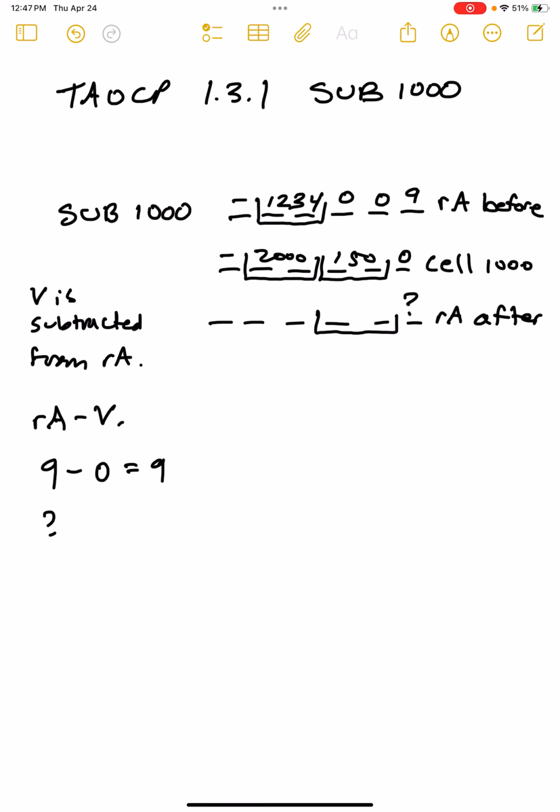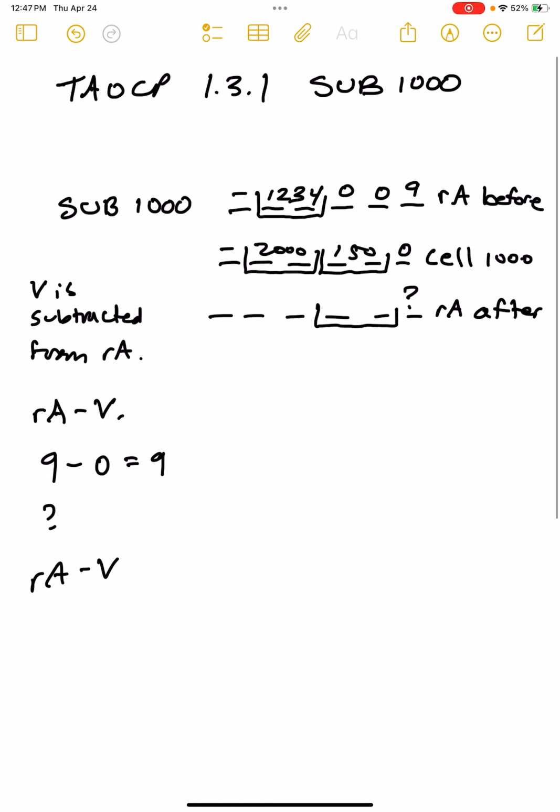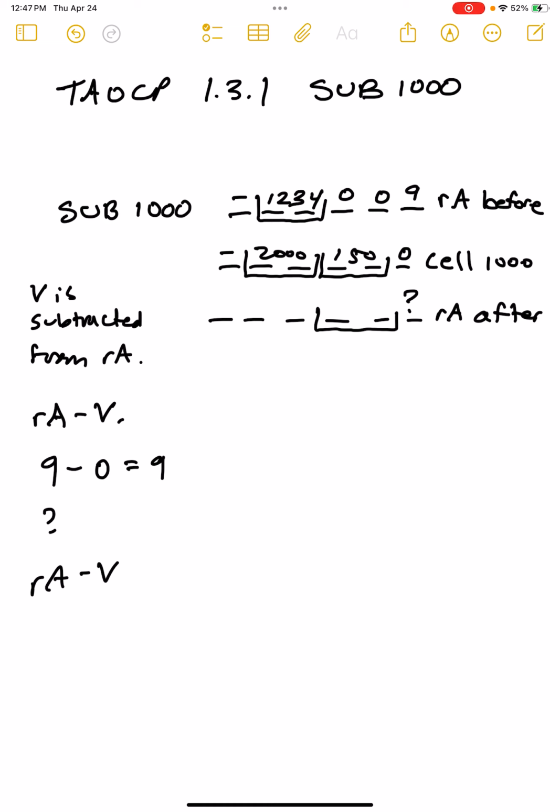And here's another funny thing. I would think that RA minus V for the second field is just 0, 0 minus 150, which would be minus 150. Instead, what the book says is it's 149.